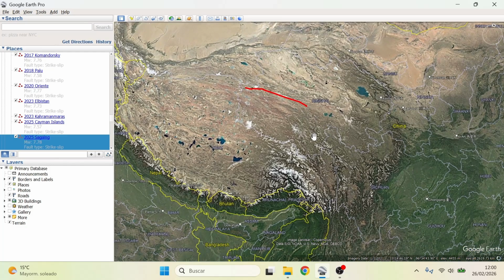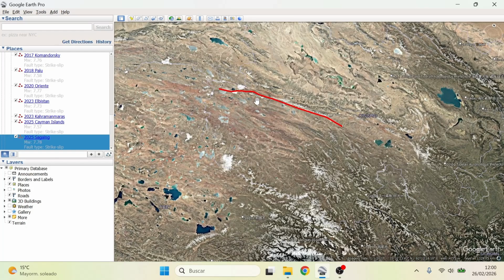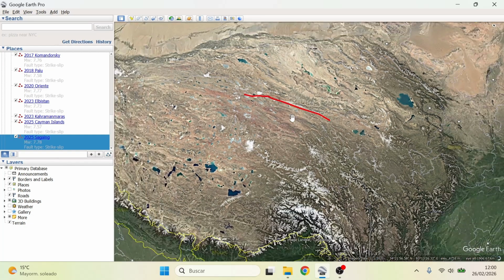That is because there are fault lines, like for example the Kunlun fault here, which concentrates the majority of the plate movement, at least horizontally here in the Tibet.